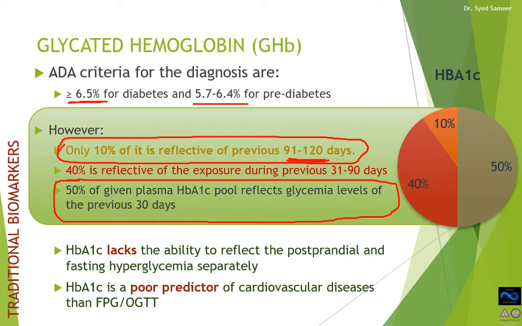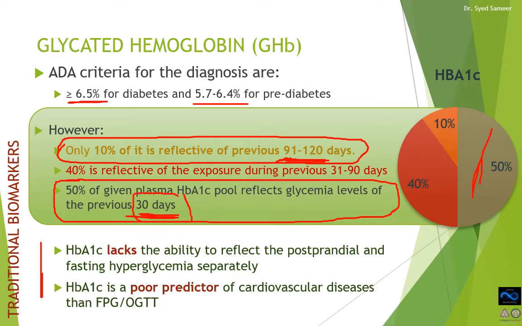Usually clinicians tend to tell patients that HbA1c is reflective of the previous 3 months, which is not true. Only 10% of it is reflective of the previous 3 months, while 50% of it is reflective of the previous 30 days. So it is better to rely on this index, that HbA1c tells us the glycemic control of the patient for the previous 30 days.